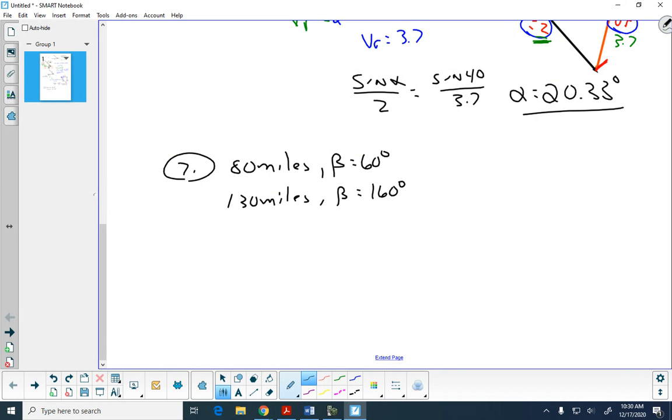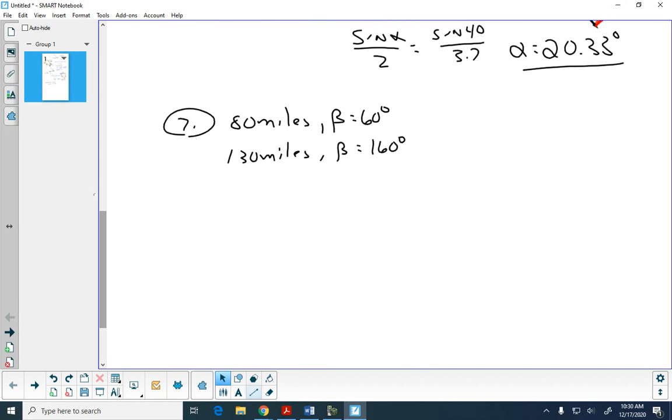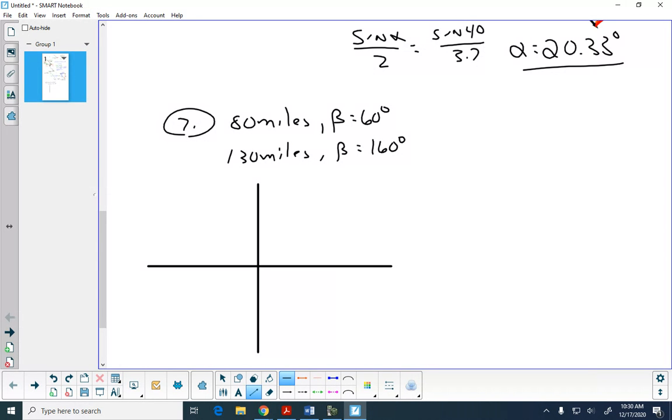So let's take a look, once again, at a picture of what we're working with here. Once again, bearing is a north reference, so you're rotating off your north. Everything in bearing is just going to be a positive direction.